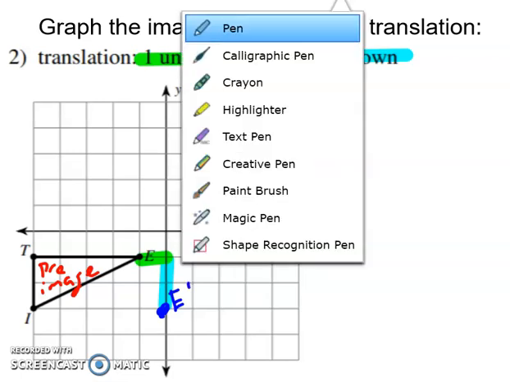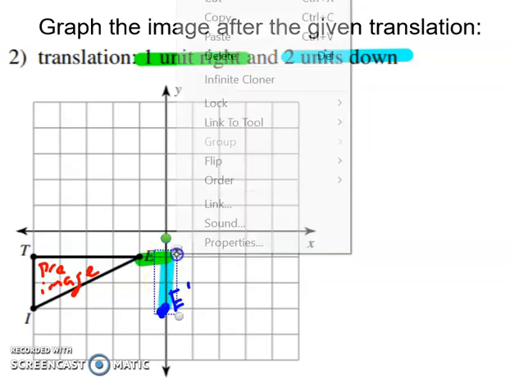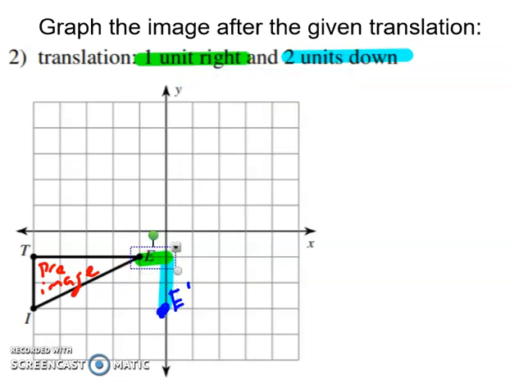Okay, so now we're just going to do the exact same thing. Let's clone that. Now we're going to move T 1 unit right, 2 units down. So now this is going to be point T apostrophe or T prime.